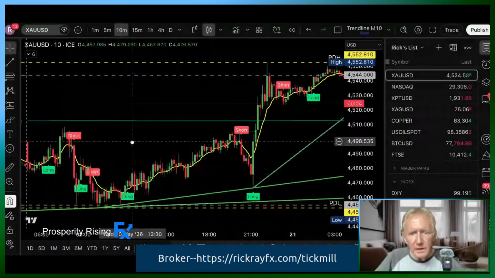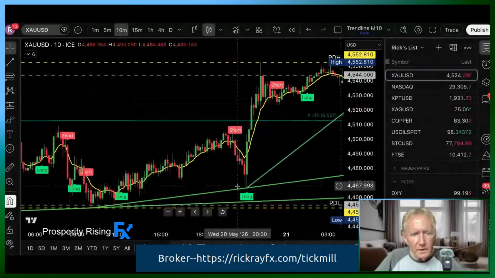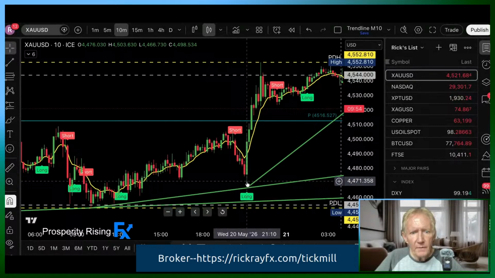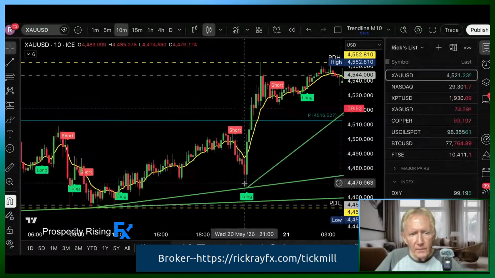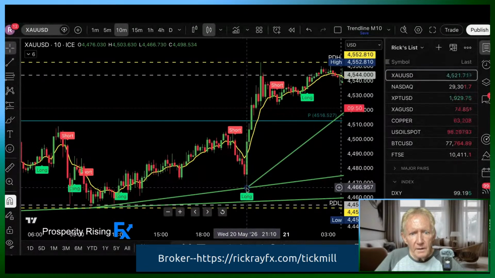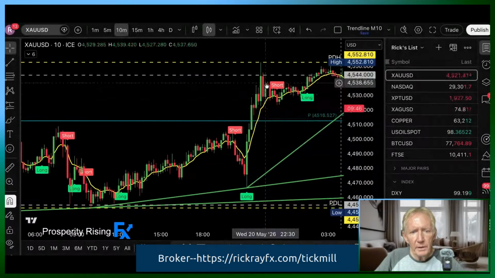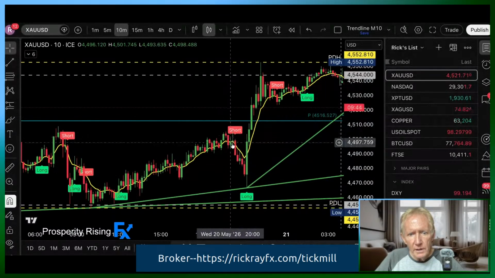This was strictly manipulation by the institutions, central banks, hedge fund managers. They came down, they took out the Asia low, and then the real move started, and it went way up here. Now I was in on this short trade here.